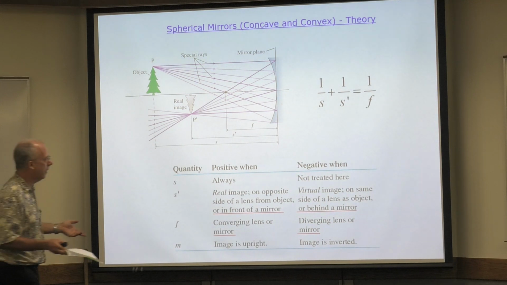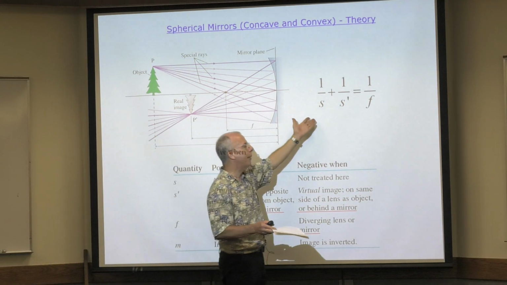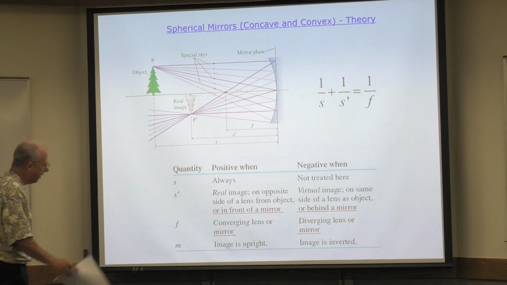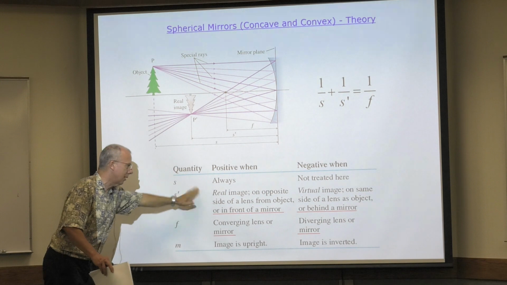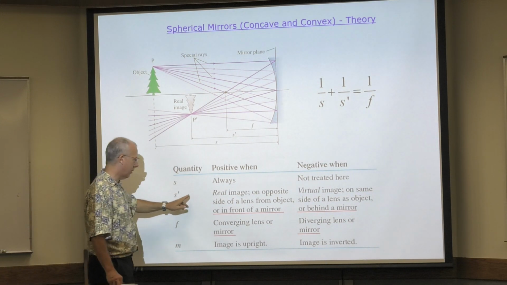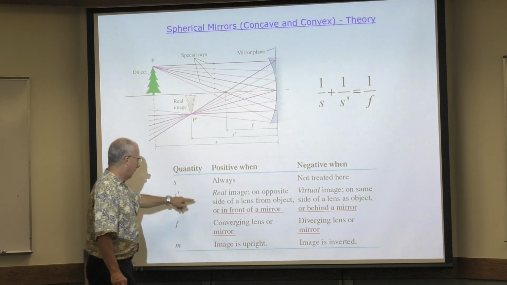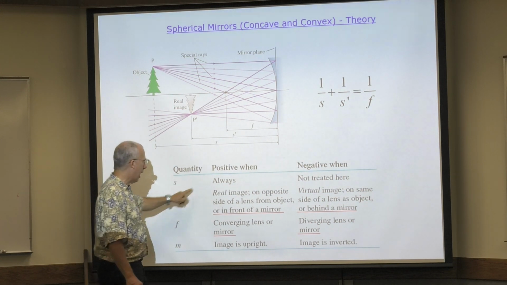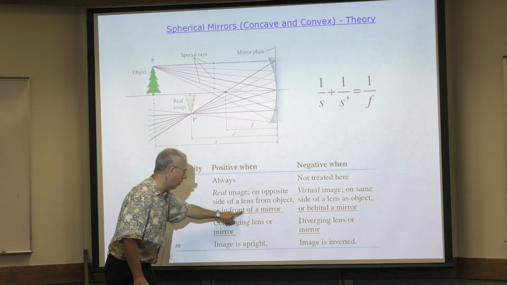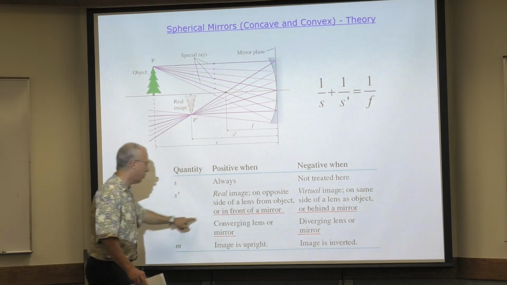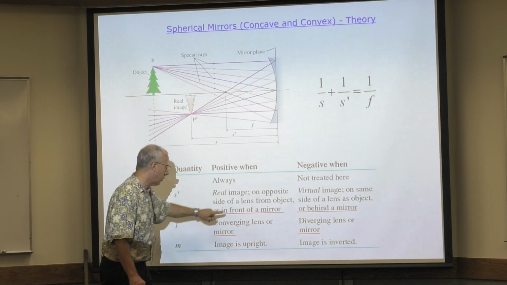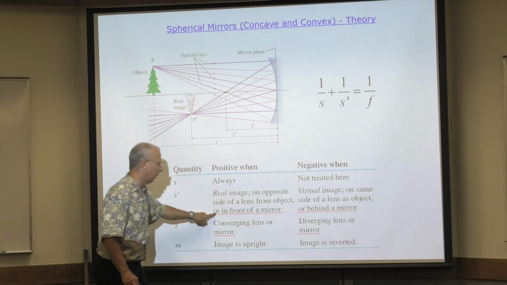So here's the math. Same equation. I mean, how much better can it get? Same equation. But now we've got to add a little bit to this important table. S prime is positive for a real image in front of the mirror. So for mirrors, S prime is positive when the image is in front of the mirror.